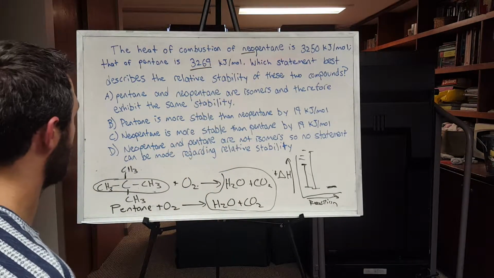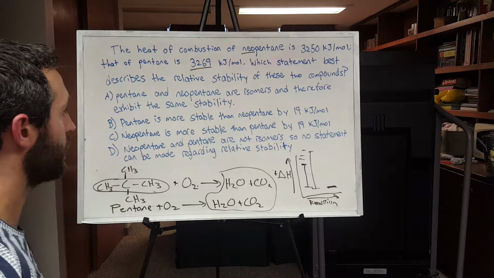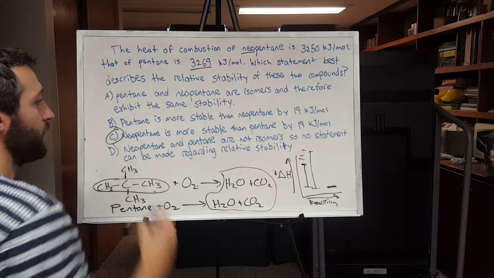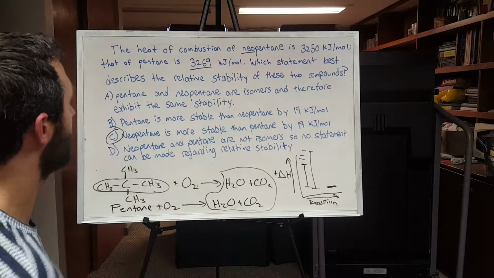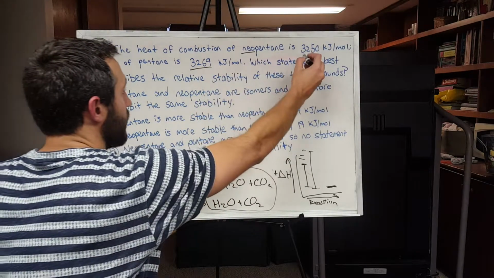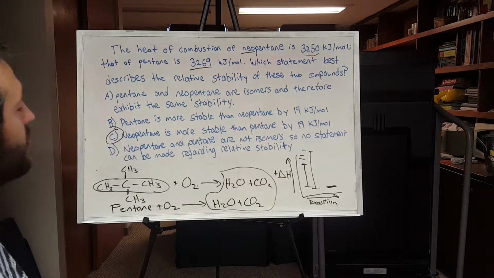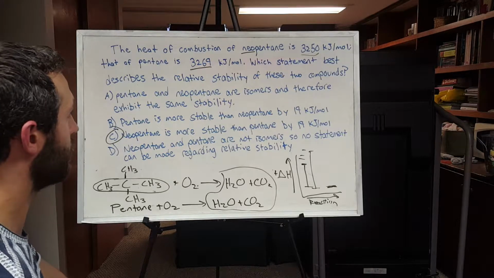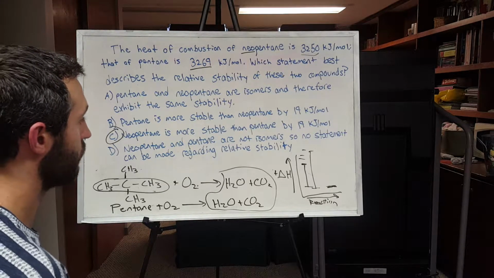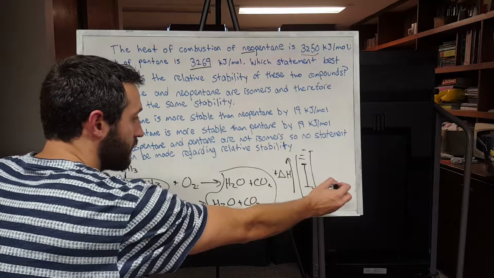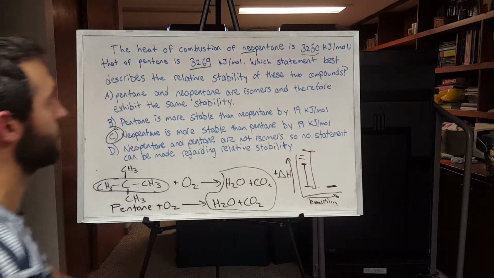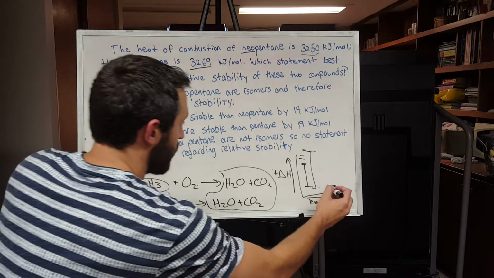So neopentane must be more stable than pentane by 19 kilojoules per mole, because this guy is 19 kilojoules per mole lower in the heat of combustion. And we're just taking delta H products minus delta H reactants, and the product is the same.